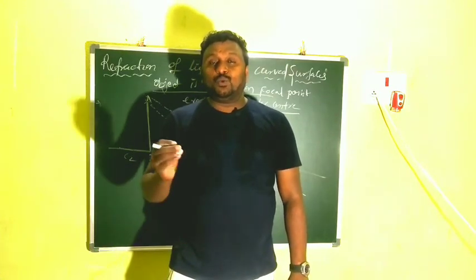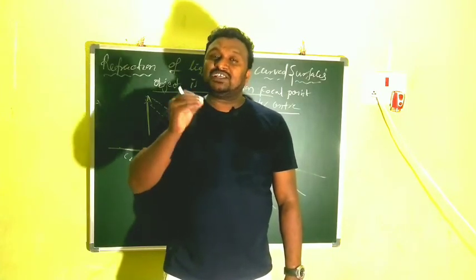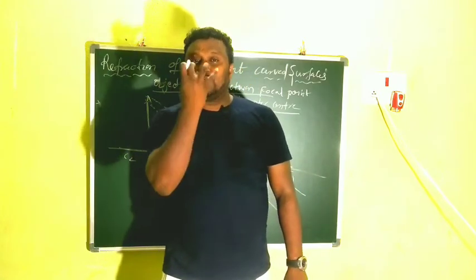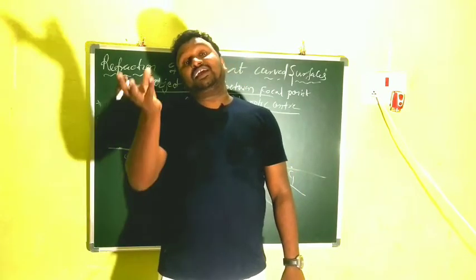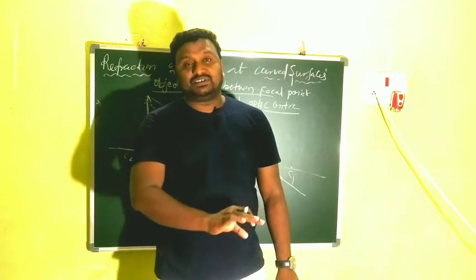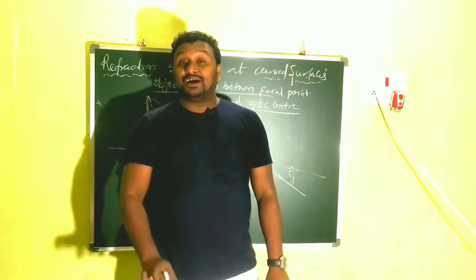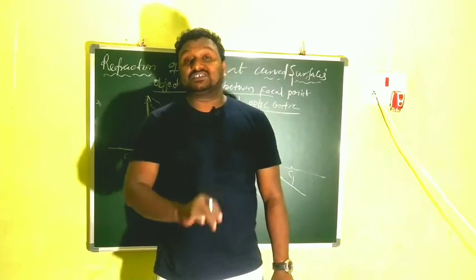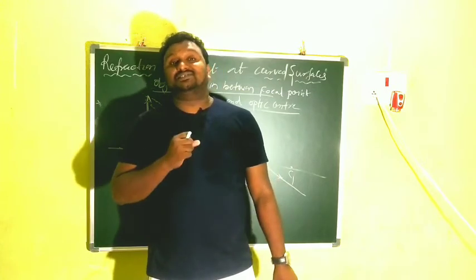So here what you have to understand is that we are unable to see the real image directly with our eyes, but we can see it when we capture it on the screen. And in case of visual images, we can see them directly with our eyes, but we are unable to capture them on the screen. That is the interesting point in these images.